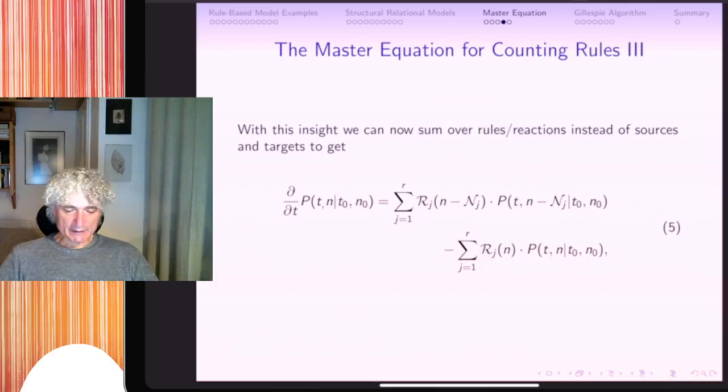So the summation now is over all the rules, and if you remember, we always assumed that we have exactly r many rules, so the sum here goes from j equals 1 to r. Okay, so the big difference here is that we now have a reformulation of the master equation in terms of reactions or rules.